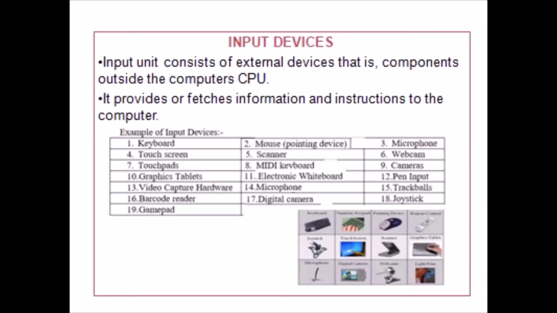Some examples of input devices are keyboard, mouse, microphone, touchscreen, scanner, webcam, touchpads, MIDI keyboard, cameras, graphic tablets, electronic whiteboards, pen inputs, video capture hardware, trackballs, barcode readers, digital camera, joystick and gamepad.